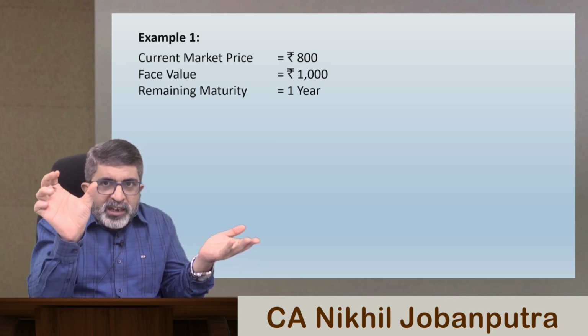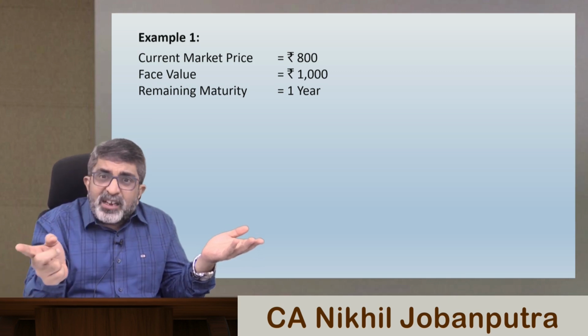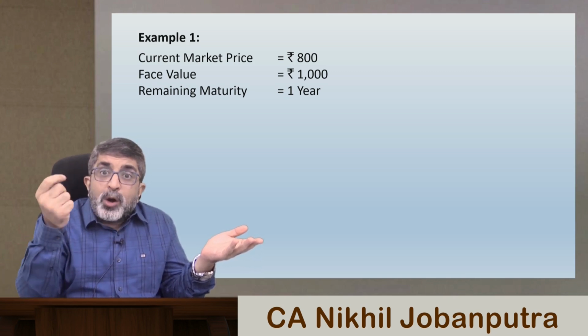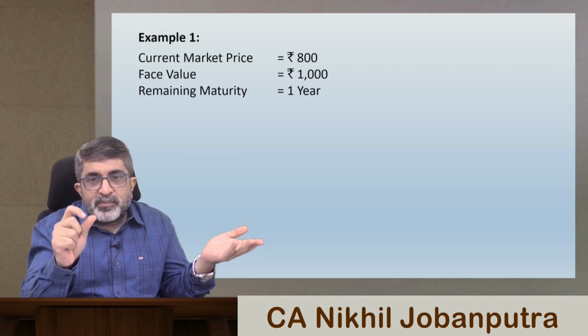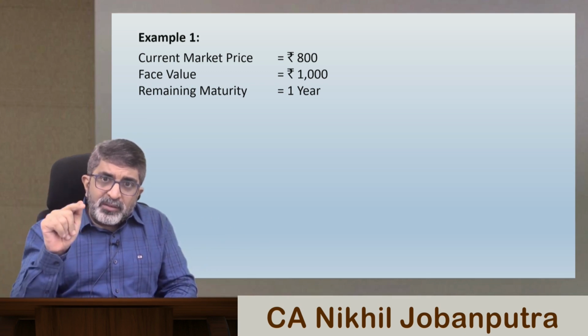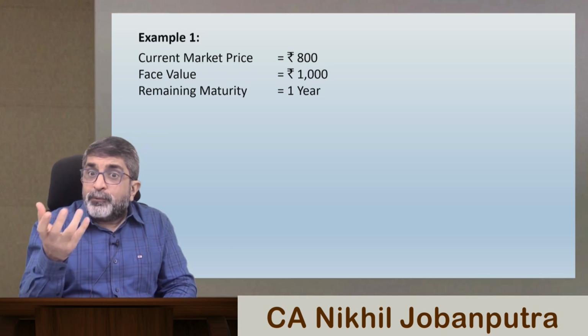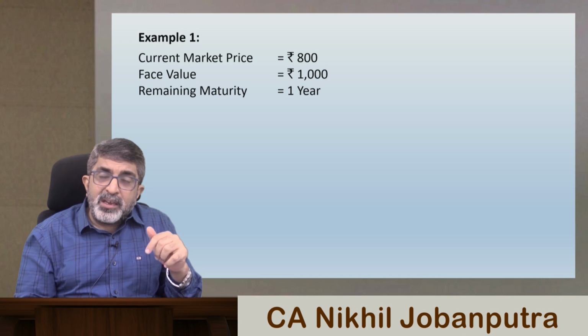So in the numerator you will take 200, and when I say discount, it is connected with the par value. So the discount yield, if you have to compute, is 200 divided by 1000. That will give you what? 20%.